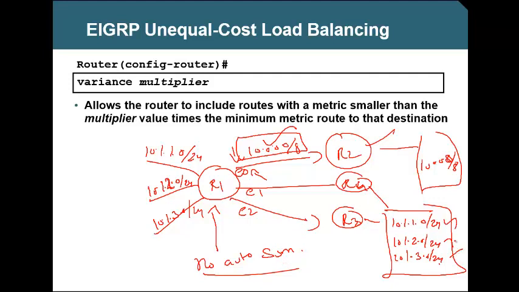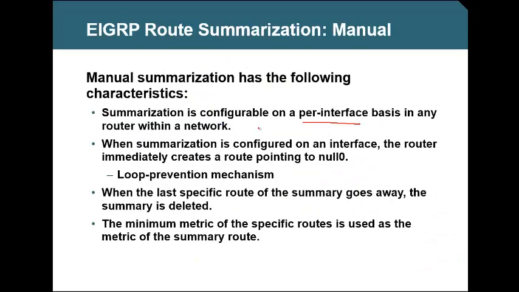And only on those links where the summarization is needed, in our case the link E0, I need to summarize, because R2 should not learn all the detailed routes, because R2 may not have enough processing capability. So I go under the interface and I do manual summarization. That is what is mentioned here. Summarization is possible on a per interface basis in any router within the network.